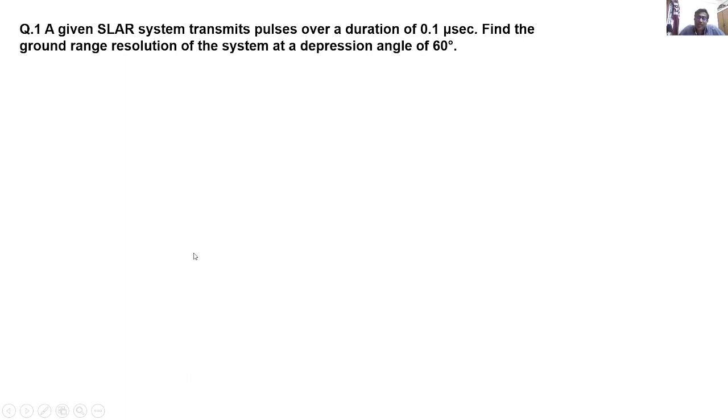So the first question is: a given SLAR system transmits pulses over a duration of 0.1 microseconds. Find the ground range resolution of the system at a depression angle of 60 degrees. First of all, SLAR means side looking airborne radar.